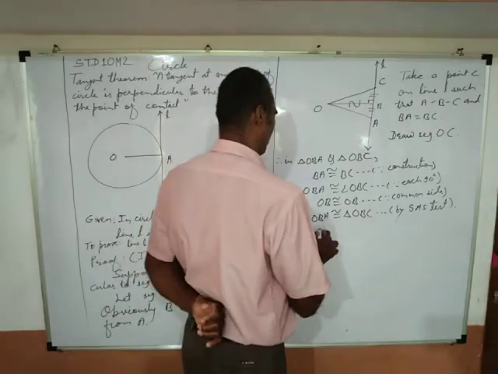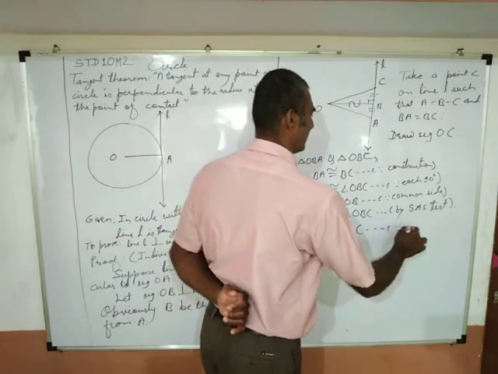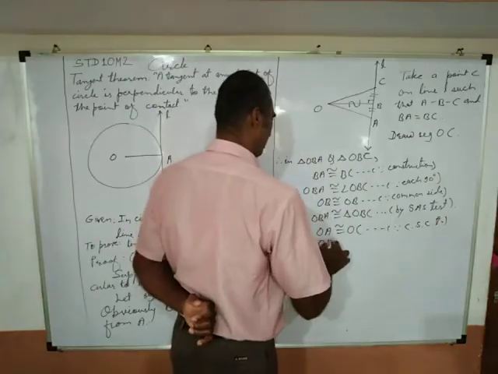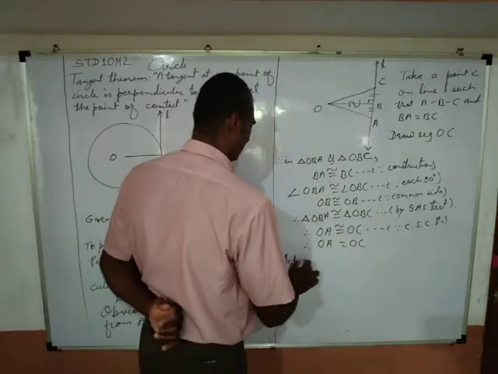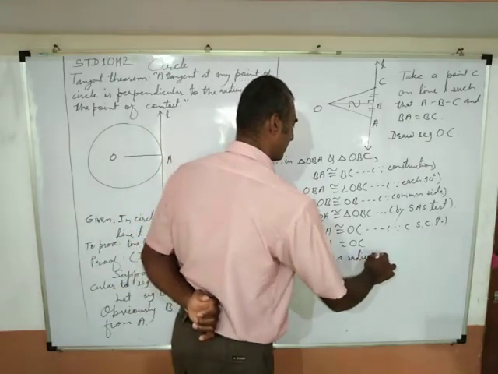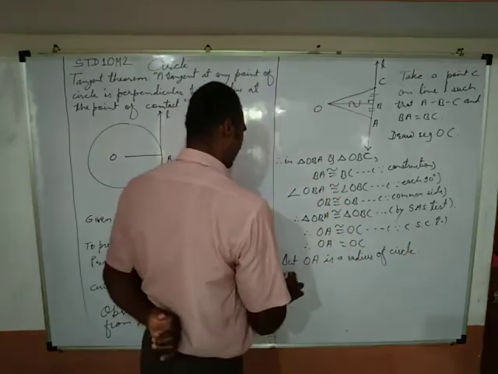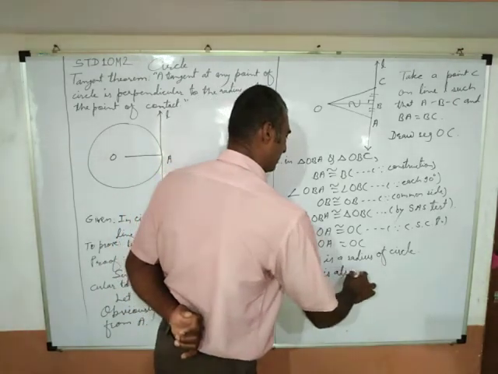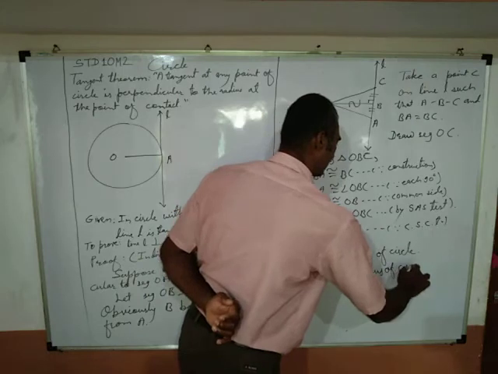Therefore, OA is congruent to OC, since they are corresponding sides of congruent triangles, and therefore OA equals OC. But OA is a radius of the circle, and therefore OC is also a radius of the circle.